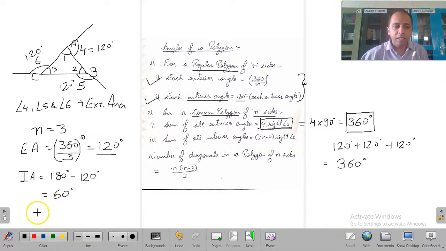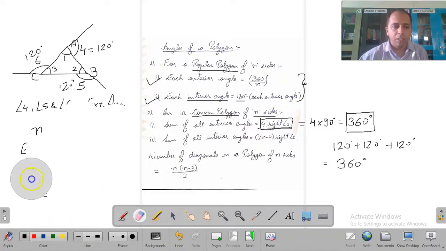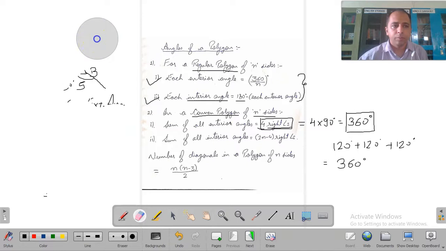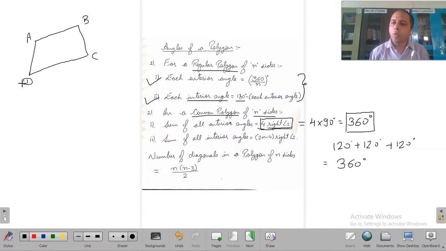So let's take the example of a quadrilateral. Let me draw the figure first. Say this is a quadrilateral A, B, C and D. How many sides does a quadrilateral have?